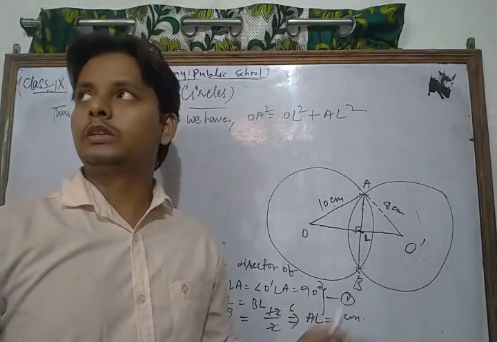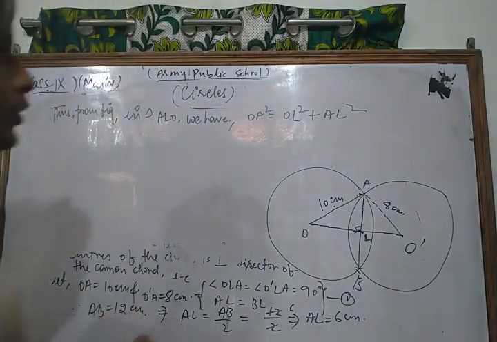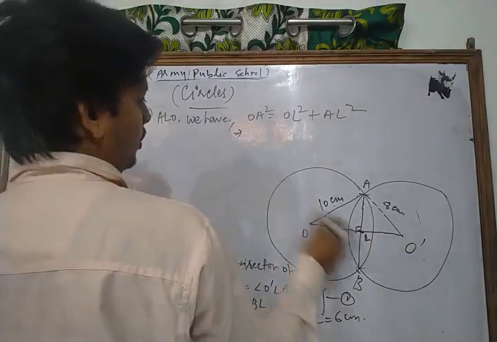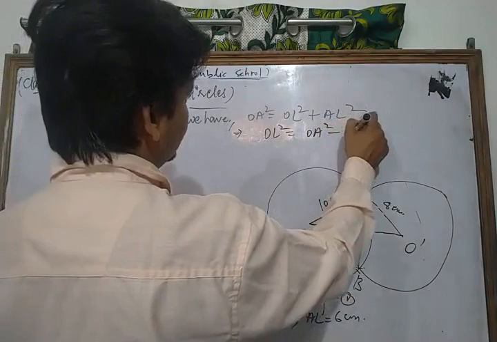According to the Pythagoras theorem, this is the result. Now look, from there OL square is equal to OA square minus AL square.